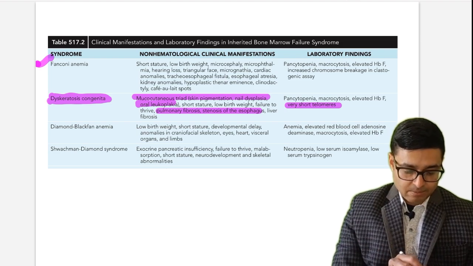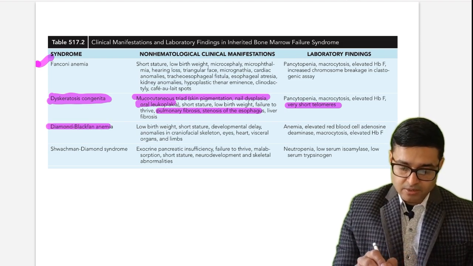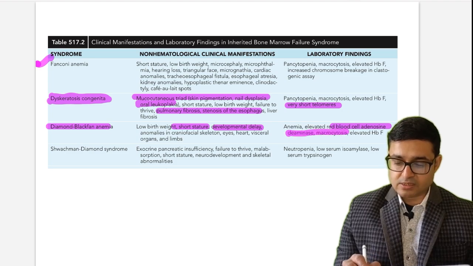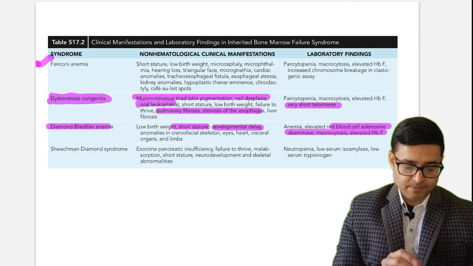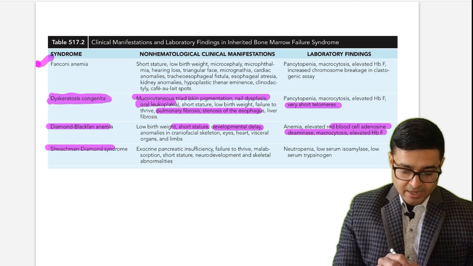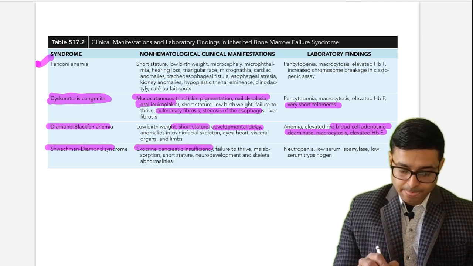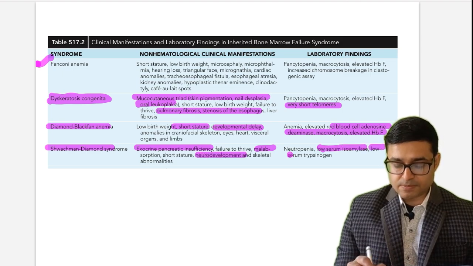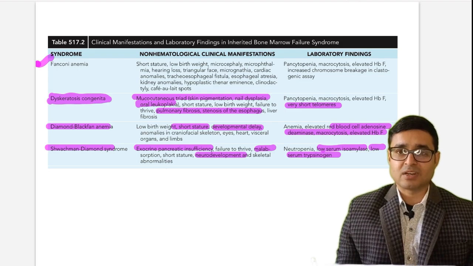In Diamond-Blackfan anemia, remember developmental delay, short stature, red blood cell adenosine deaminase, and macrocytosis. In Shwachman-Diamond syndrome, remember exocrine pancreatic insufficiency, malabsorption, neurodevelopmental disorders, low serum amylase and low serum trypsinogen. Remember these highlighted points and you will be good to go.